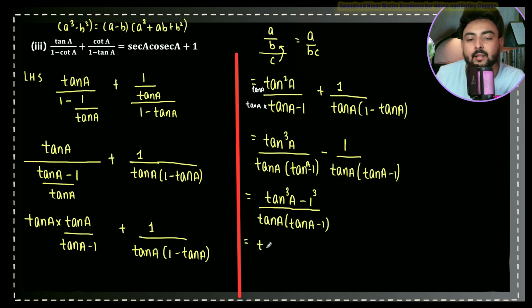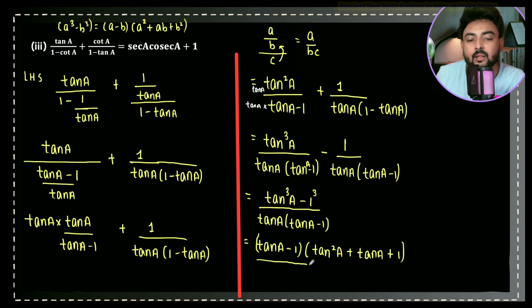I will be getting, first is a minus b, that will be tan a minus 1. This is a minus b. Then a square minus a square. A is what? Tan square a. A square plus ab. A into b is, a is tan a, b is 1. So tan a into 1 plus 1.